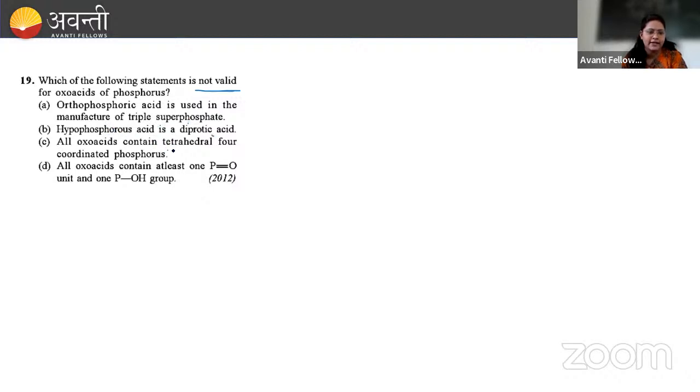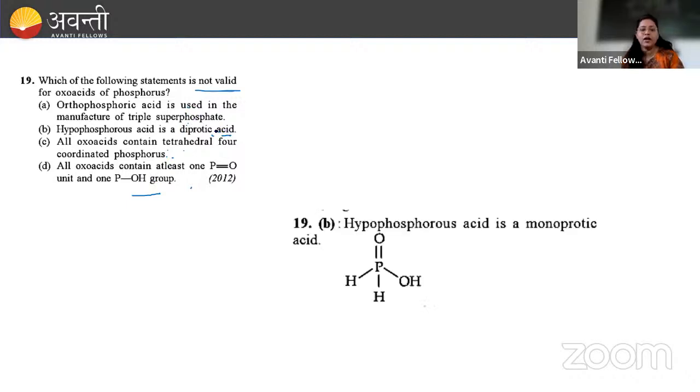All oxo acids contain tetrahedral 4-coordinated phosphorus. All oxo acids contain at least one P double bond O unit and one POH group. So which statement is not valid? So option B.